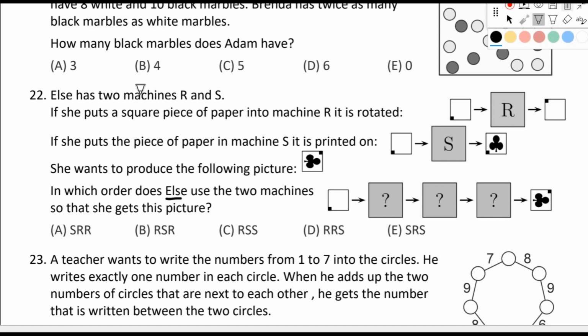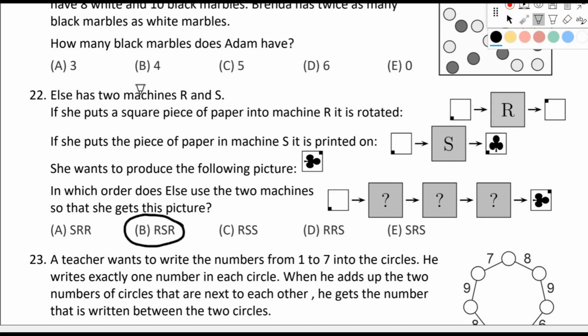Okay, so the dot should travel here and then finally here, and this picture has to rotate. Okay, so let's see from the choices. SRR. Okay. More suitable for the 22nd question is option B.